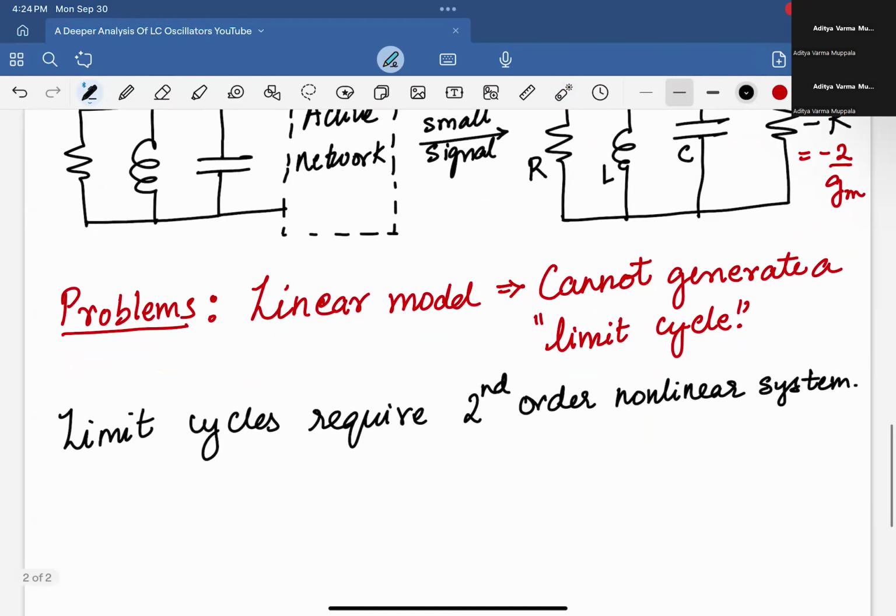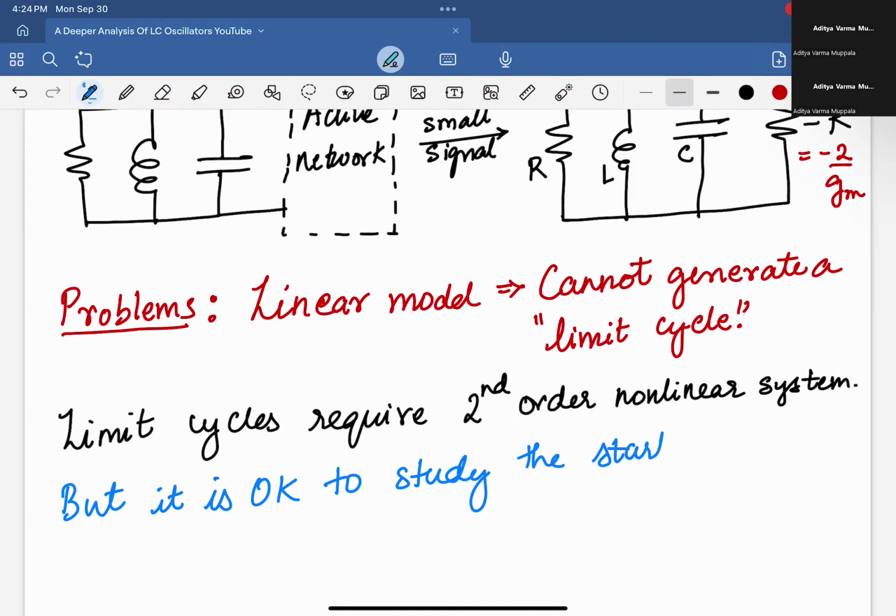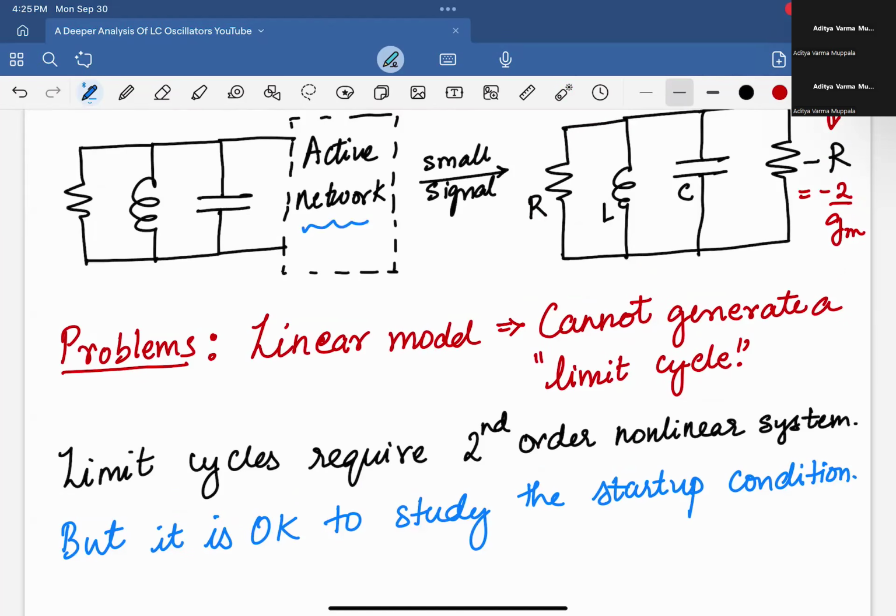But we said in the previous video that this is good enough to study the startup condition, right? So if you want to know if there's enough power basically or enough activity in this active network to get the oscillator going, right?